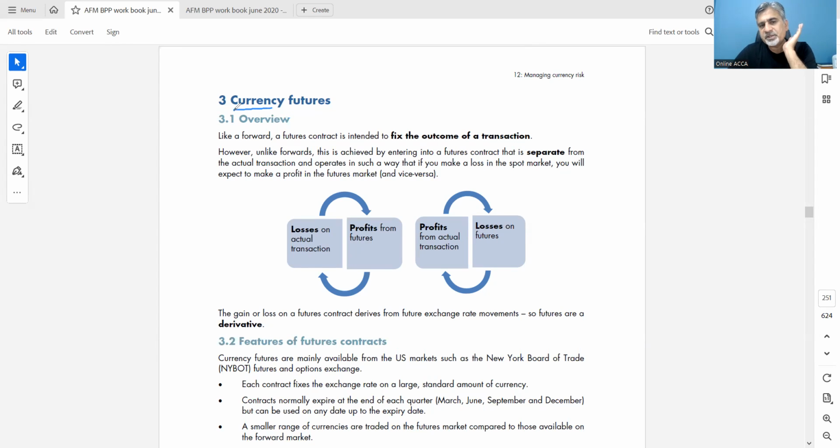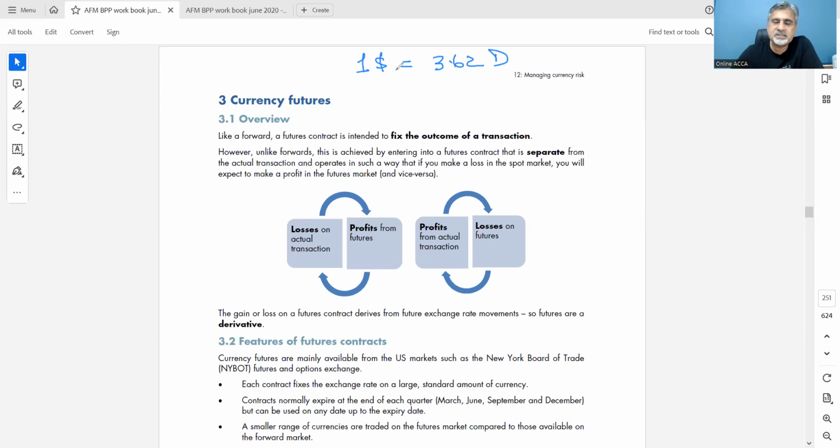So currency futures is something which has a lot of exam focus, and this is where students sometimes get stuck. Now, again, the same situation: $1 is equal to 3.62 dirhams.